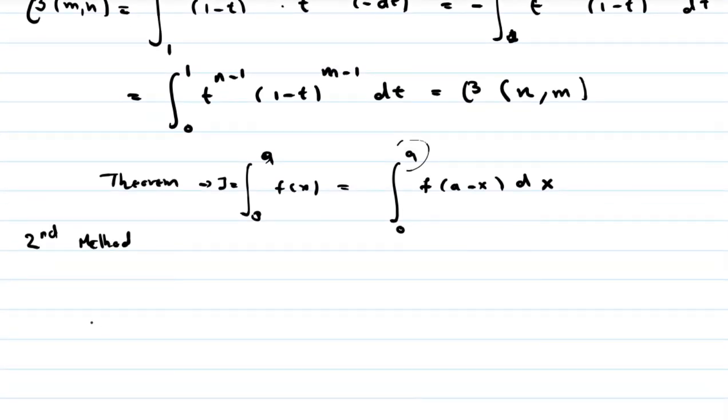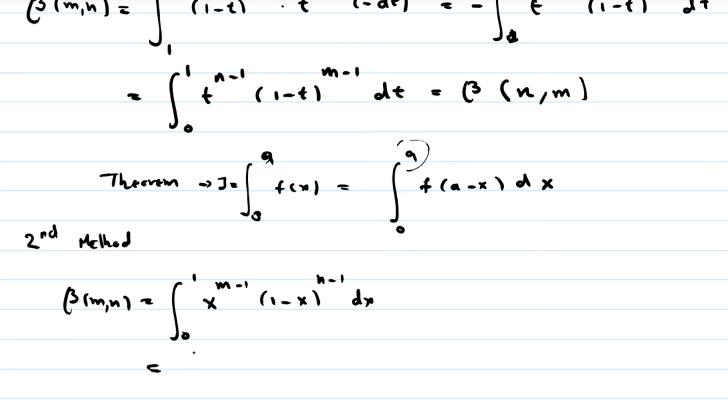So we know that beta of m, n is equal to integration from 0 to 1 of x raised to m minus 1, and 1 minus x raised to n minus 1 dx. Applying this, it is going to be equal to integration from 0 to 1, where you replace every x by the upper limit minus that value.